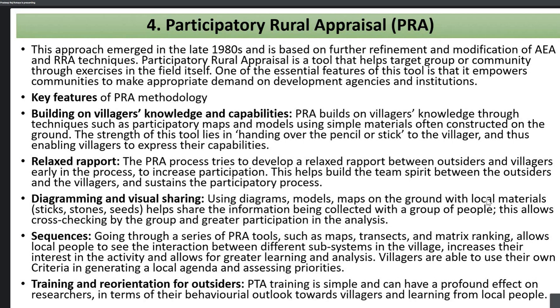The sequence going through the series of tools, maps, transects, matrices, and ranking allows local people to see the interaction between the different subsystems in the village, and increases their interest.